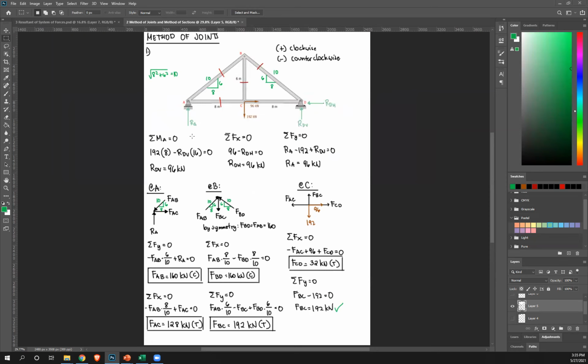Any questions for method of joints? Please answer in the chat. Question or none.